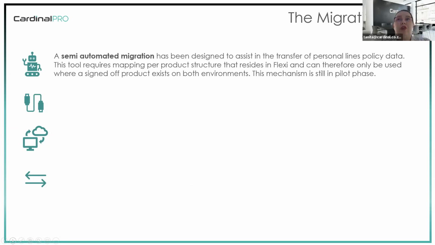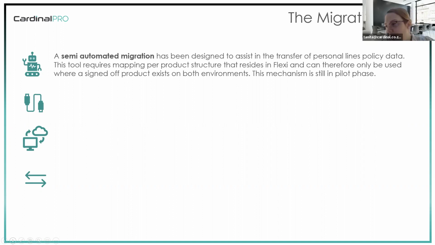Now, this does require a mapping between two personalized product structures and needs to be done on signed off versions of the products where the structures are more or less similar between Cardinal 360 and Flexi. And what this does is it does a field by field mapping of policy data from one system to the other. This mechanism is currently in pilot phase.